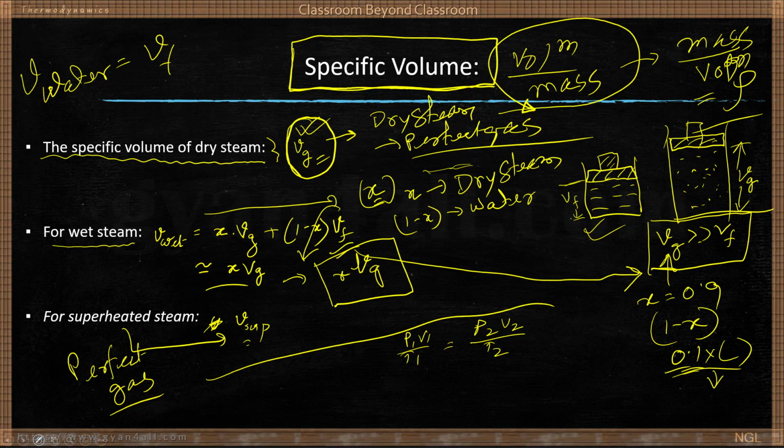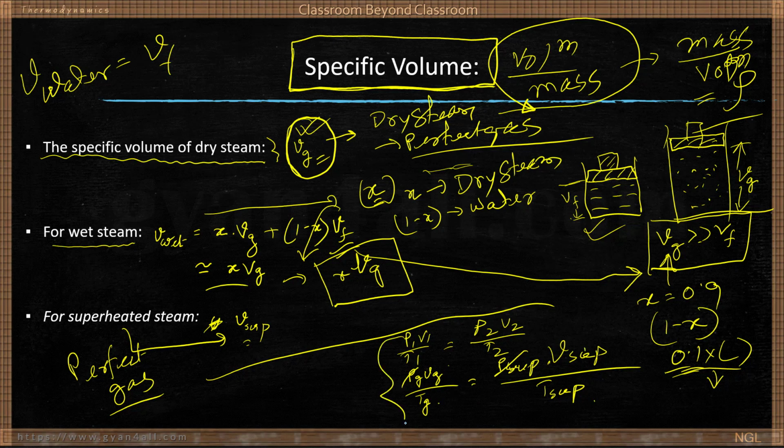But today we will write Pg Vg by Tg, that means dry steam, equal to P sup V sup divided by T sup, superheated. Now Pg and P sup are constant because everything is under constant pressure. Now what remains? Vg by Tg equal to V sup by T sup.